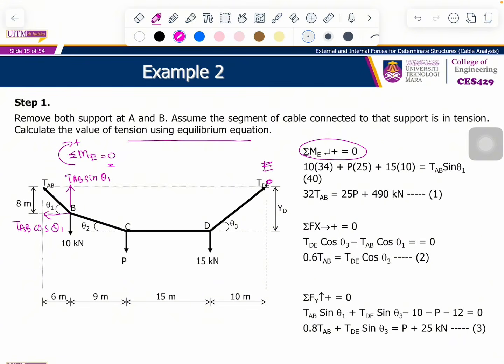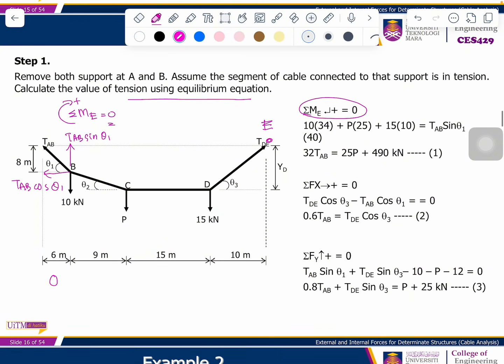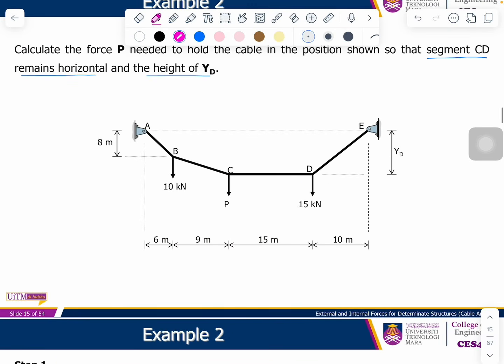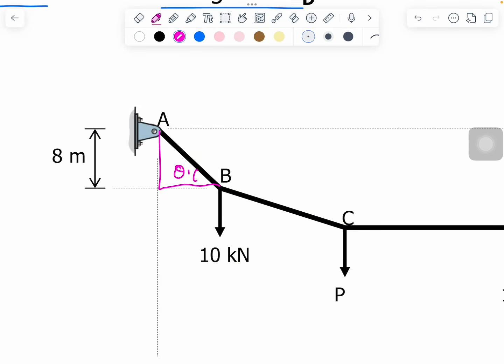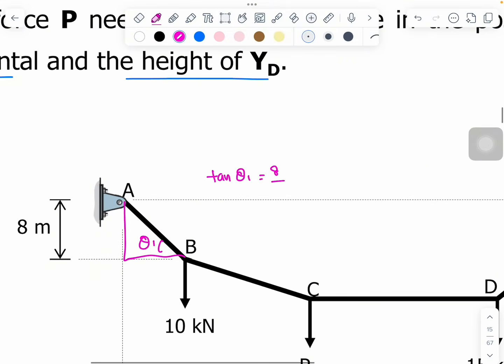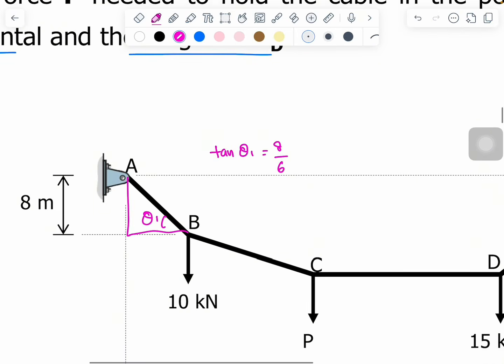So theta 1 is, from this figure, we can identify the value for theta 1. This is theta 1. So tangent theta 1 equals 8 over 6, since the horizontal distance from A to B is 6 meter.